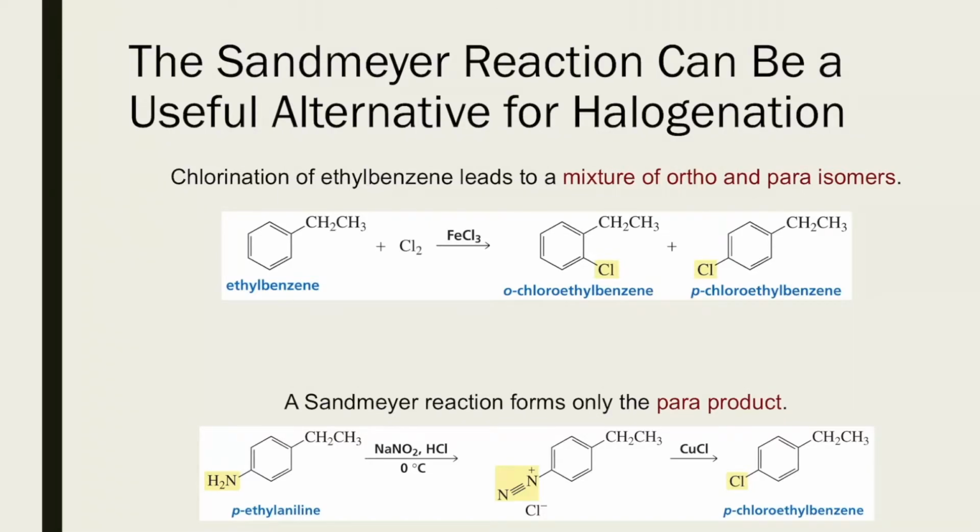But if we do the Sandmeyer reaction, we only get the para substituted product. You take para-ethylaniline and react it at 0 degrees Celsius with nitrous acid to form the arene diazonium salt, and then react it with cuprous chloride to give the para substituted product, where the diazonium group is replaced by the chlorine.